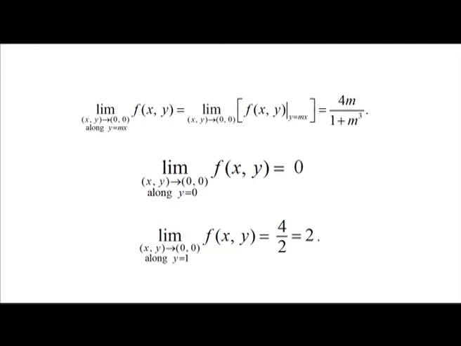There is therefore no single number we may call the limit of f as (x, y) approaches the origin. The limit fails to exist and the function is not continuous at the origin.